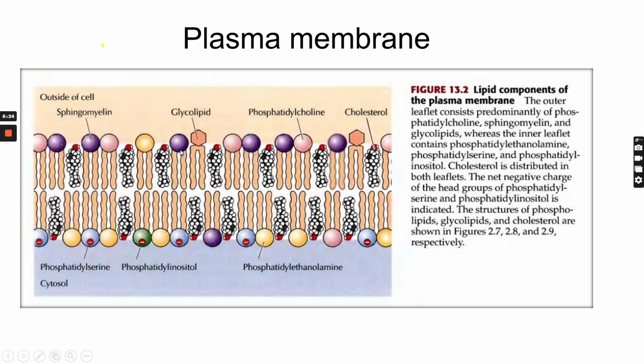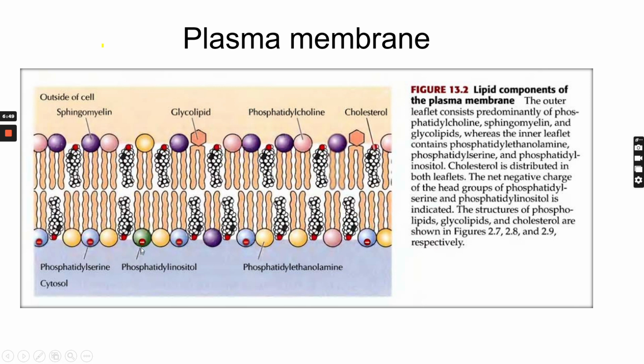Sphingomyelins are present in the inner leaflet too, but glycolipids are not present in the inner leaflet of the cell membrane. Another thing is that the phospholipids present outside are mainly phosphatidylcholine. Phosphatidylserine, phosphatidylinositol, and phosphatidylethanolamine are mainly present inside.